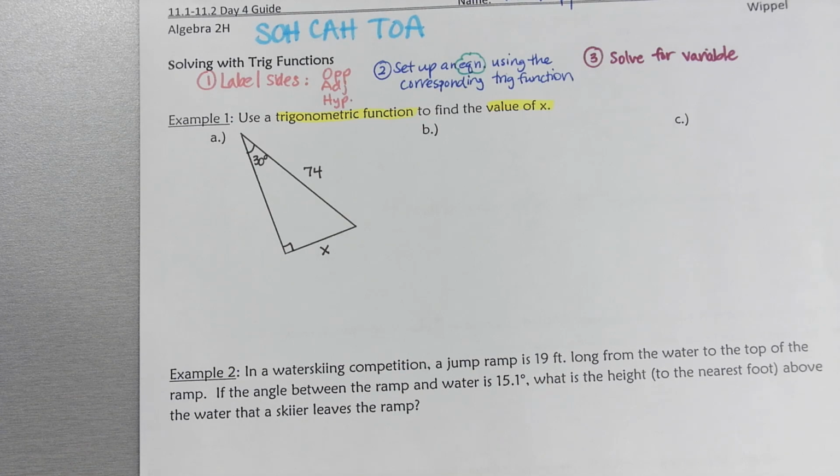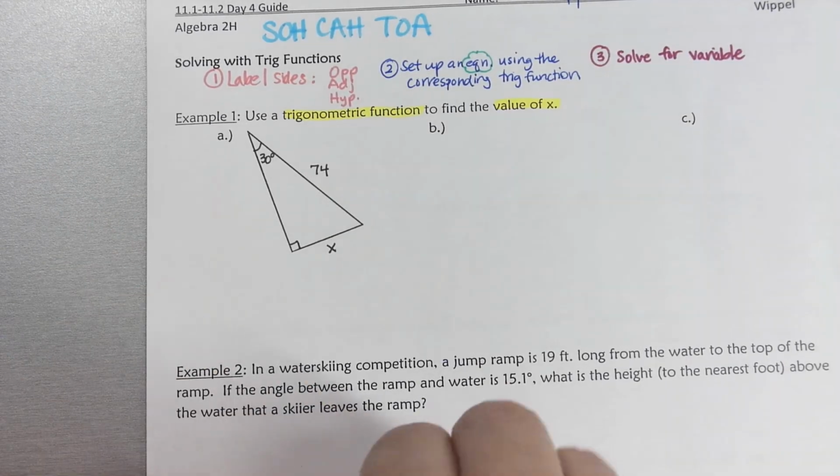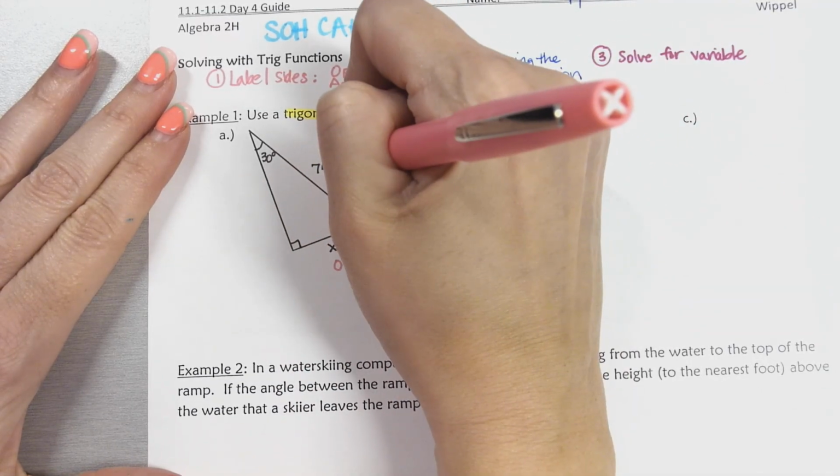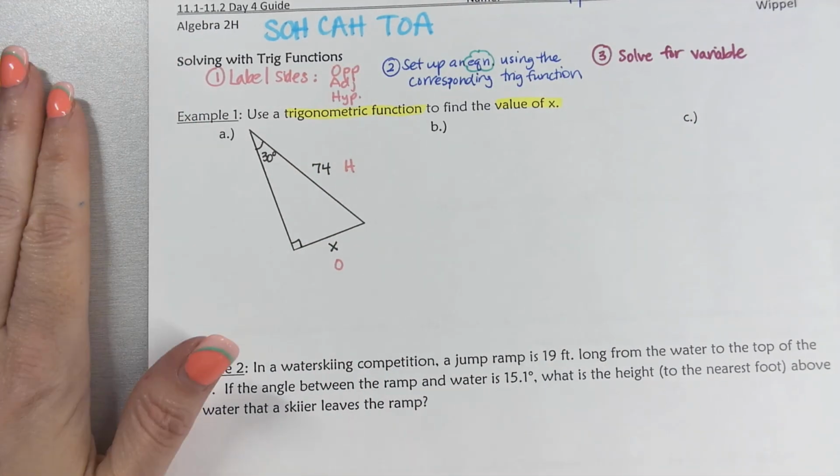The angle that's labeled is the 30 degrees, and so we can label from that angle. Technically, you could solve for the other angle and use that as well. But if we're going from the 30 degrees, the opposite is across. Hypotenuse is always across from that right angle.